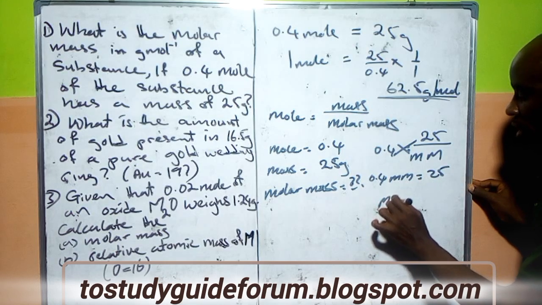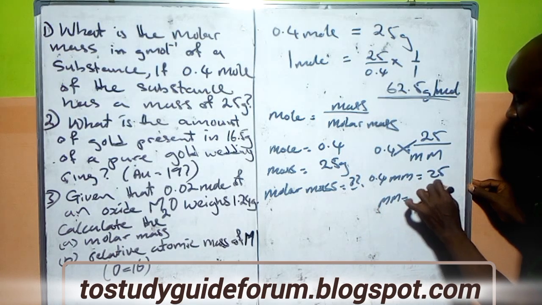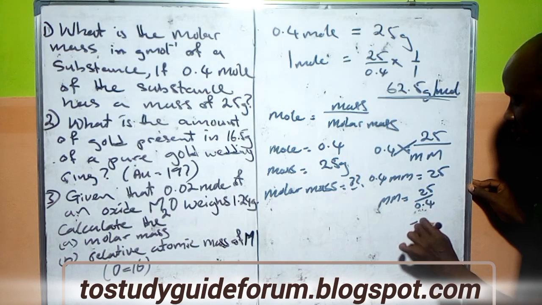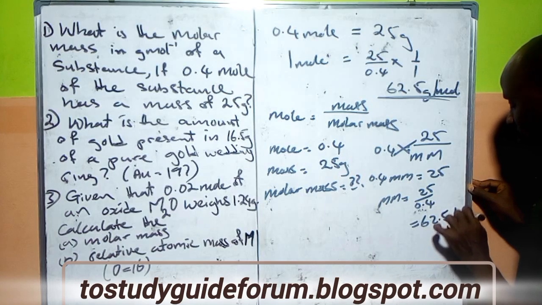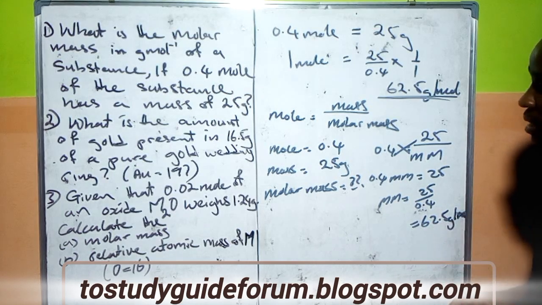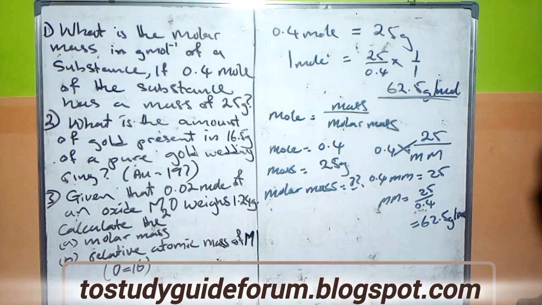Our molar mass will then be 25 over 0.4. That will give us 2.5 gram per mole. And see that we are able to get exactly the same thing again.